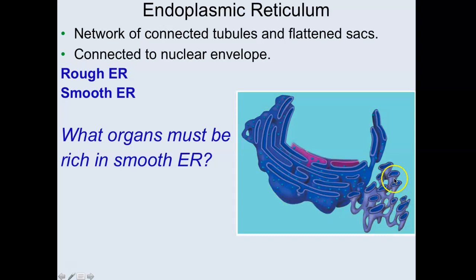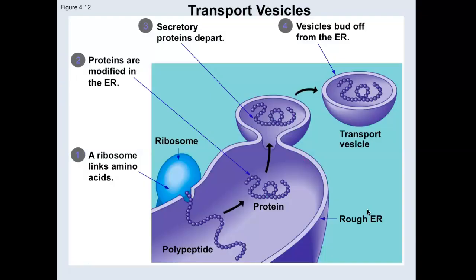So if this is an organelle whose job is to detoxify, then what organ in your body do you think has a lot of smooth ER? A lot of people say liver, and that's right. The liver, which is responsible for detoxifying a lot of things in our body, has a lot of smooth ER inside of its cells.